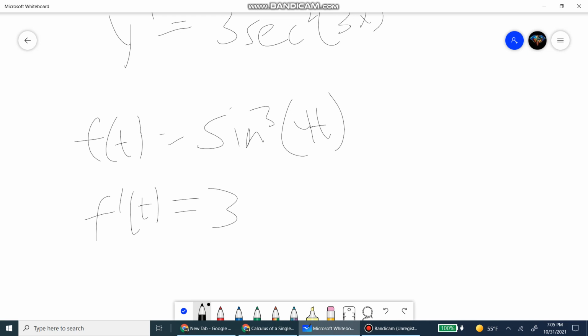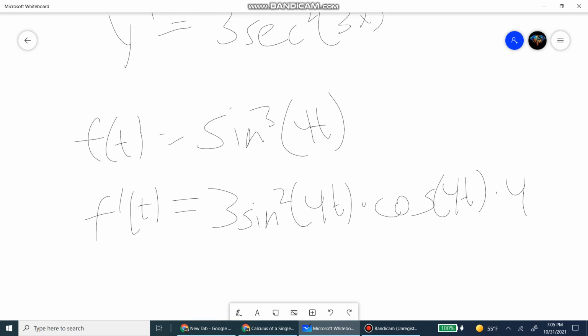Basically, first it's just really power rule, right? 3 sine squared 4t. Then multiplied by the derivative of the inner function. Now, inner function, you might think it's 4t. Yes, but 4t is the inner function of sine, and sine is the inner function of the cube. So you first have to multiply by the derivative of sine, which is cosine 4t. Then we multiply by the derivative of 4t, which is 4. So we have to apply chain rule for a few more steps. Multiply this out, and you get the derivative.